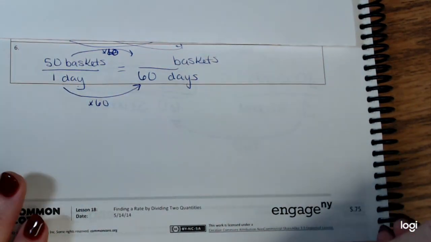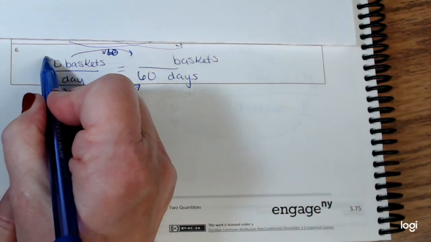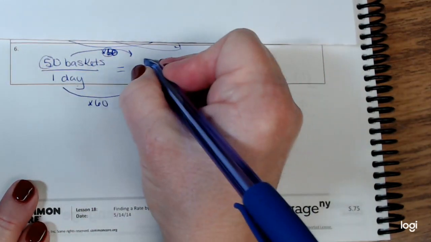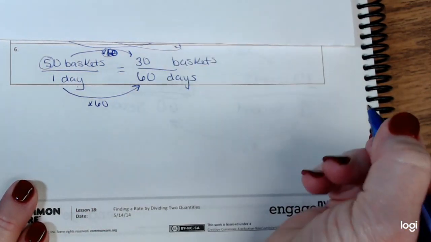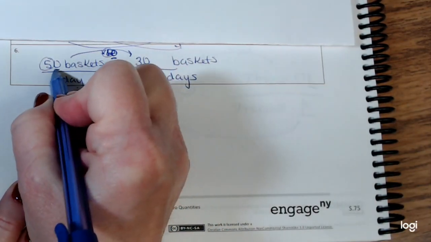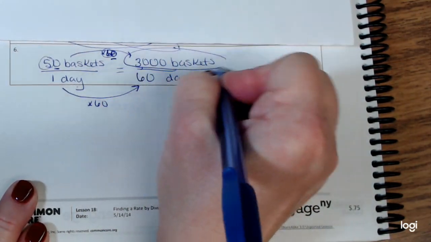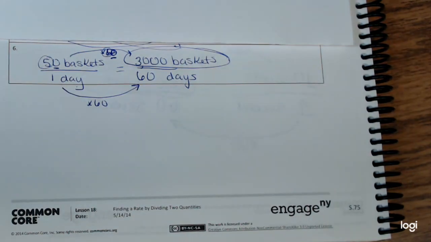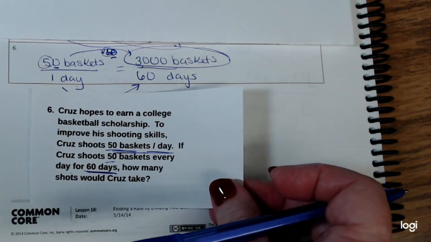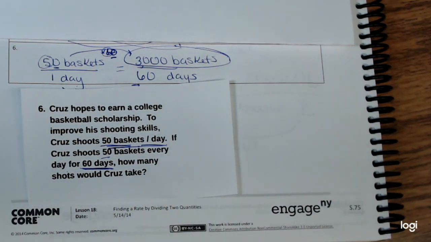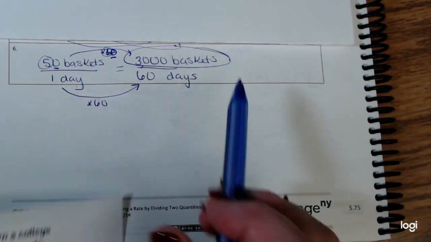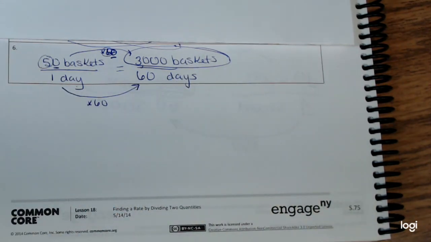Oh, I can still do this without a calculator. 5 times 6 is 30. However, I have 2 extra zeros, so my answer is 3,000 baskets. So if Cruz shoots 50 baskets every day for 60 days, how many shots would he take? 3,000 baskets.